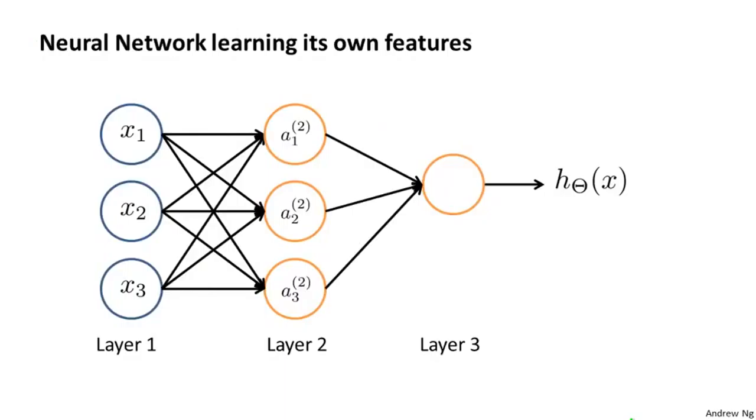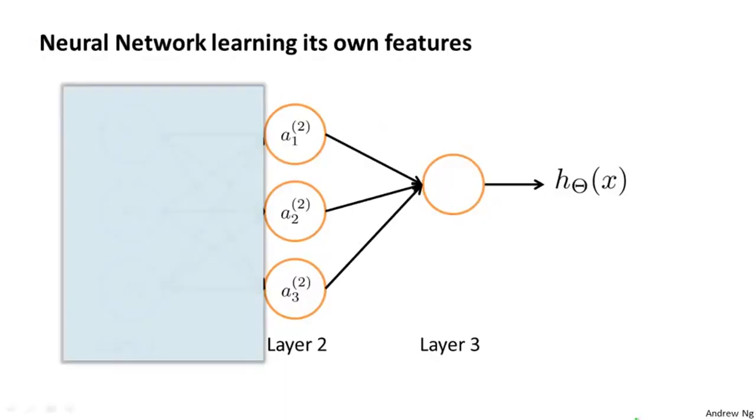Consider the following neural network, and let's say I cover up the left part of this picture for now. If you look at what's left in this picture, this looks a lot like logistic regression, where we're using that node, that's just a logistic regression unit, to make a prediction h of x.